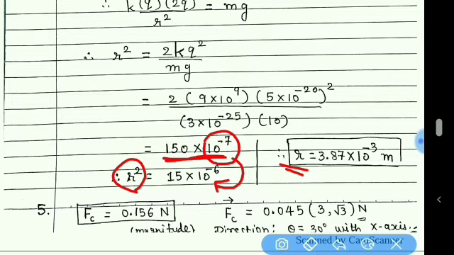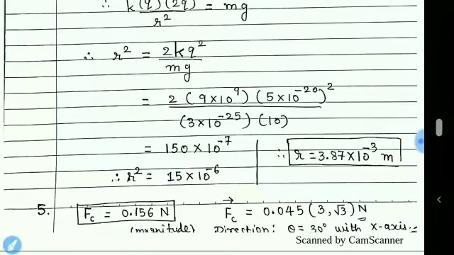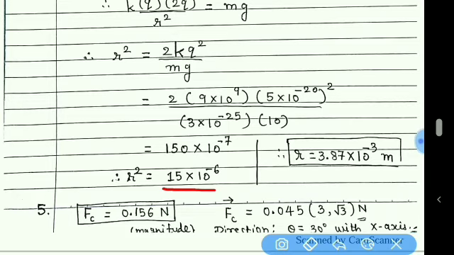So this power is made 10 raised to minus 6, and in place of 150 we will write 15. So you will get the value of r square as 15 into 10 raised to minus 6.